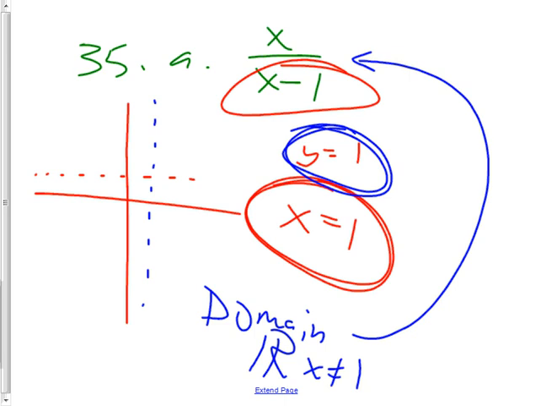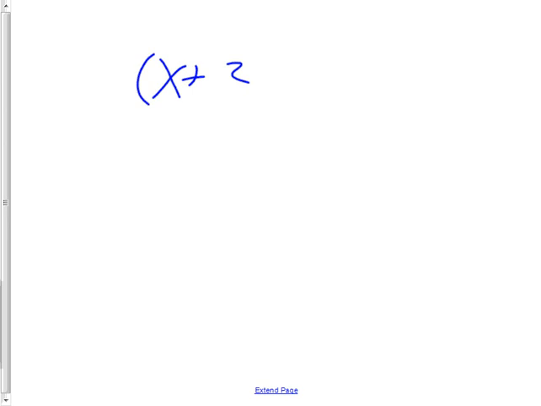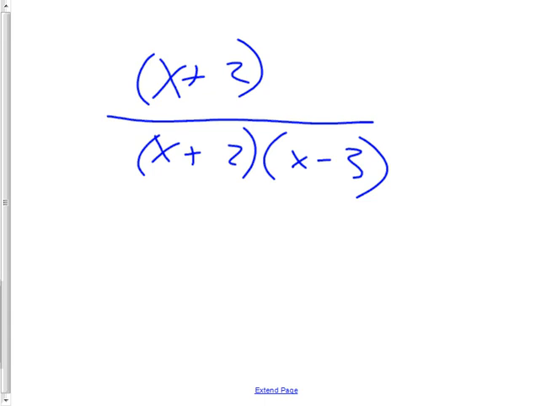And any holes. Now, this one doesn't have a hole, but I'll show you one that would. Let's say we had this over this. This kind has a hole where there's something on the top and the bottom that are the same, and they would cancel each other out. That kind makes a hole. And the hole would be at the number that makes it crash, which would be -2. It's the thing that would make it 0 over 0. And so that kind has a hole at -2, comma, and if you wanted to know the other part of the hole, you actually have to take the -2 and stick it back in the function that's left.